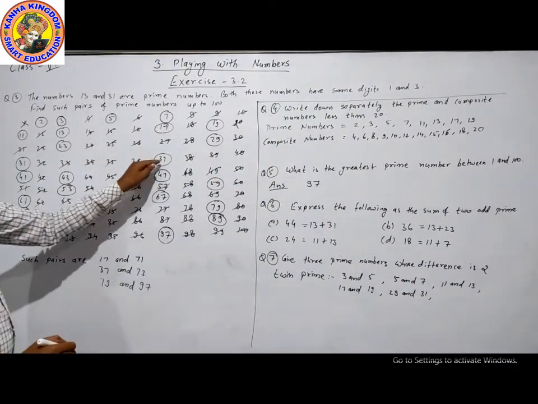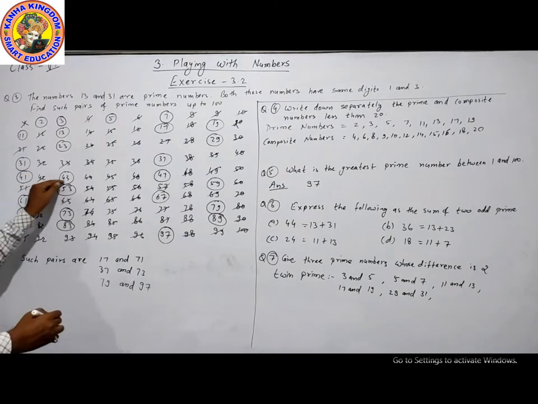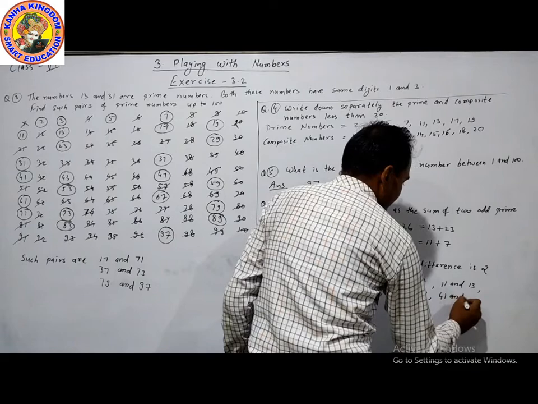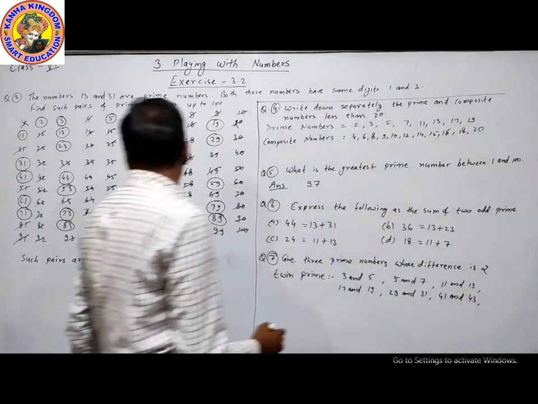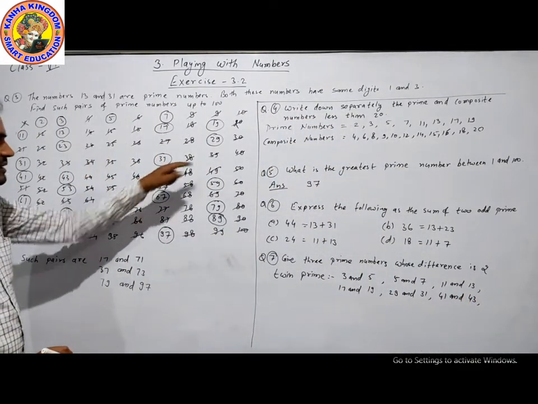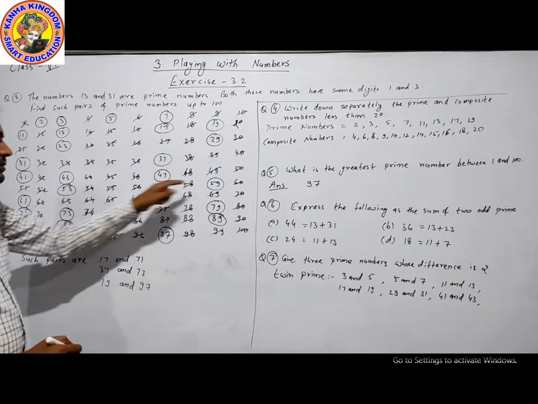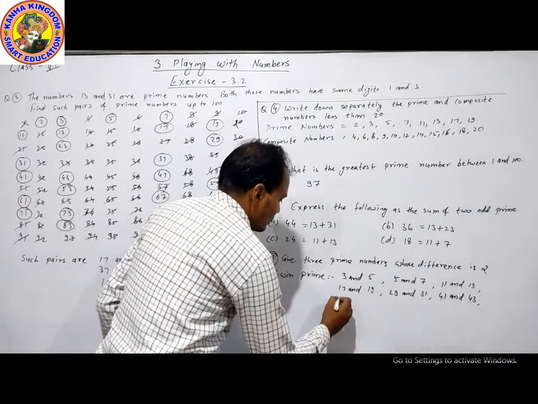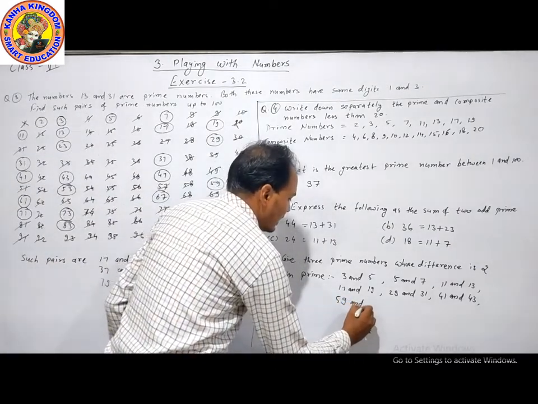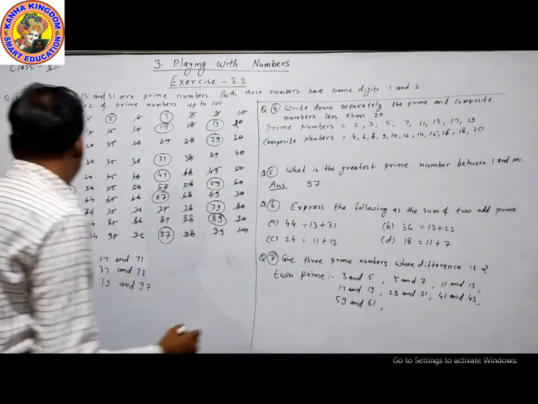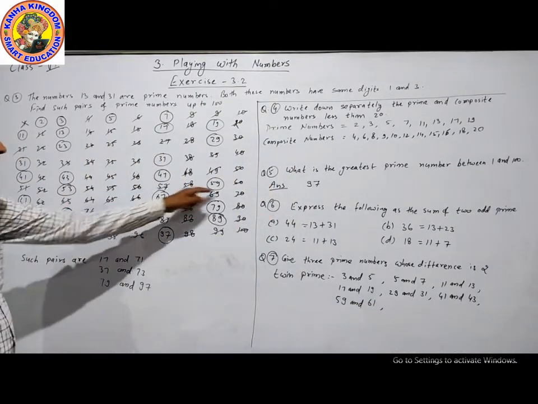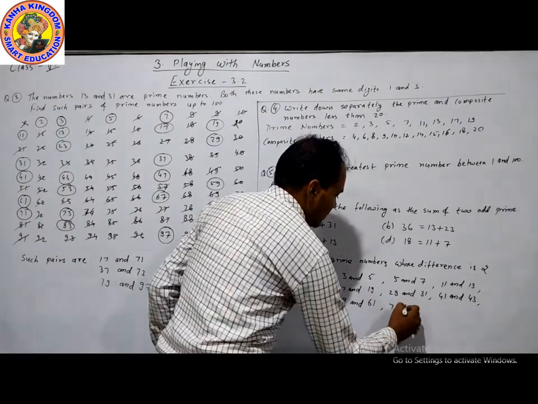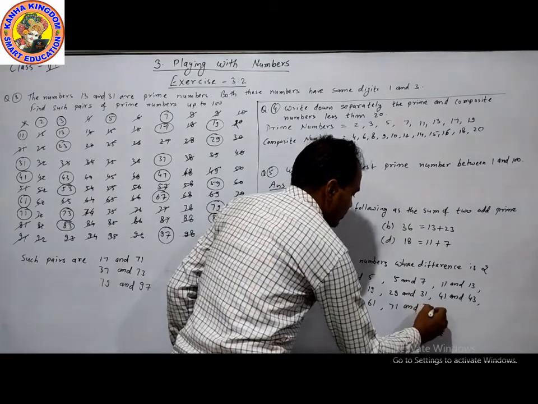31 and 33, not. 37 and 39, no. 41 and 43. Now 43 and 45, no. 47, no. 53, no. 59 and 61. 61 and 63, no. 71 and 73.